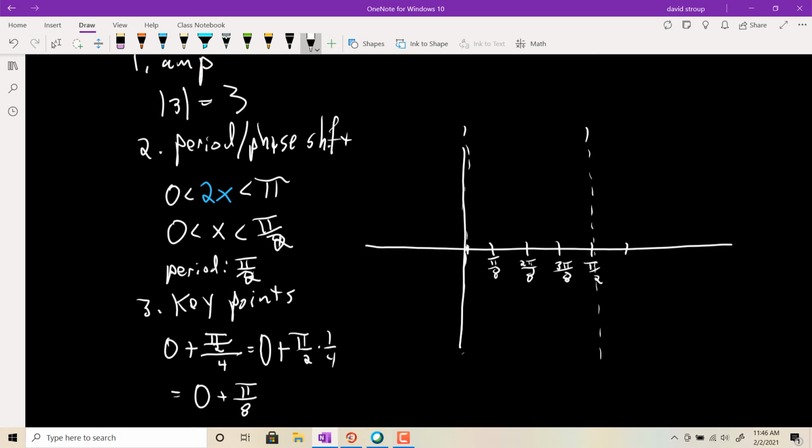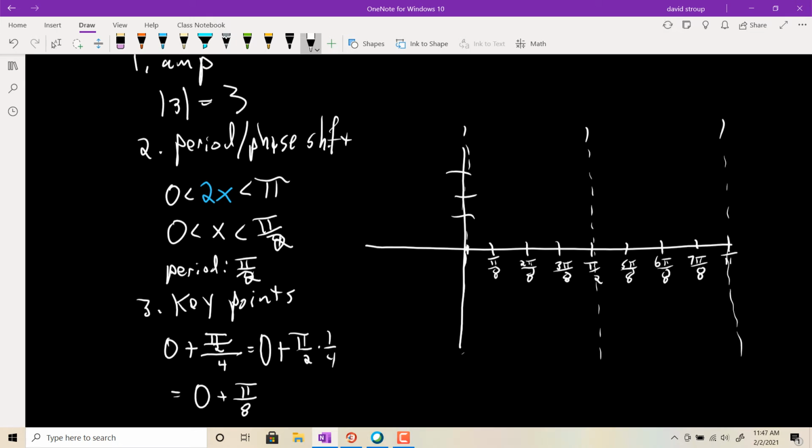Then 5 pi over 8, 6 pi over 8, which is 3 pi over 4 if you wish, but I'm just going to write 6 pi over 8, 7 pi over 8, and then 8 pi over 8, which is just pi, and we have our second asymptote.